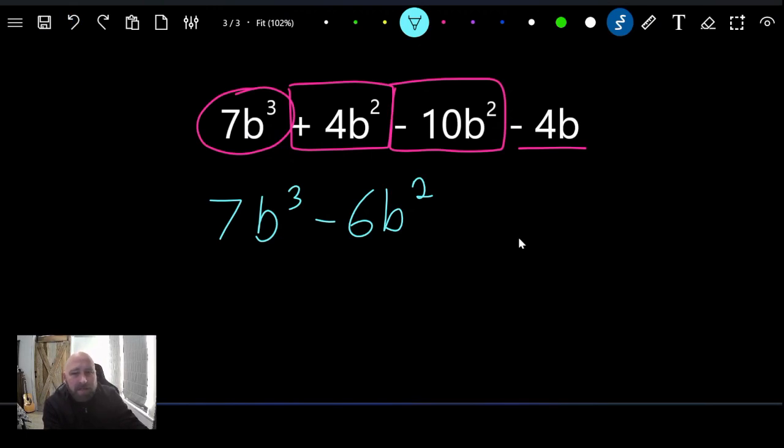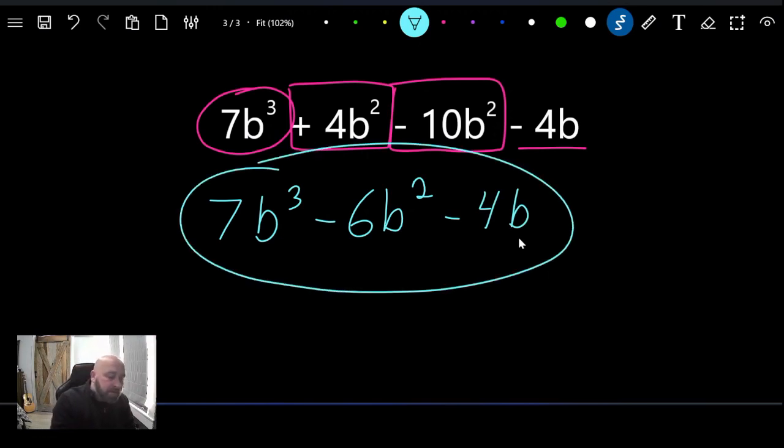It doesn't matter. It's the same thing. You'll figure that out the farther you go into algebra, that negative 4b and minus 4b mean the same thing. There's no difference there. So I'll just say minus 4b. And there we go. That would be our answer for that one: 7b cubed minus 6b squared minus 4b.